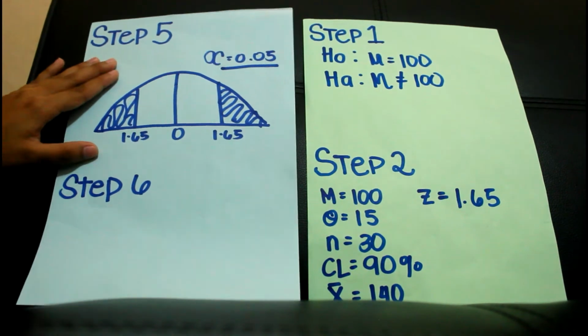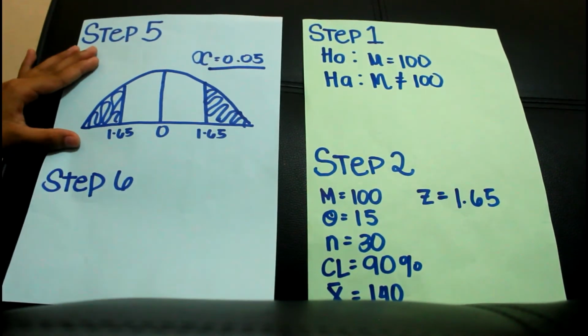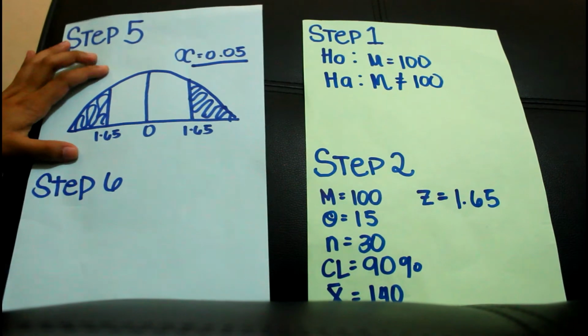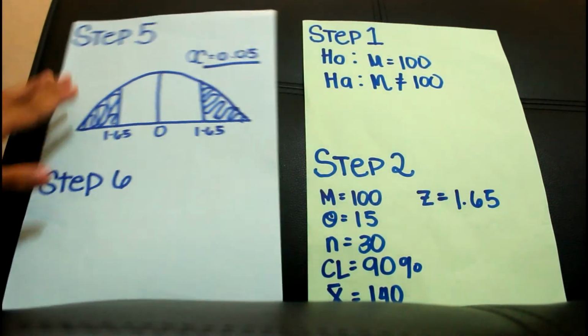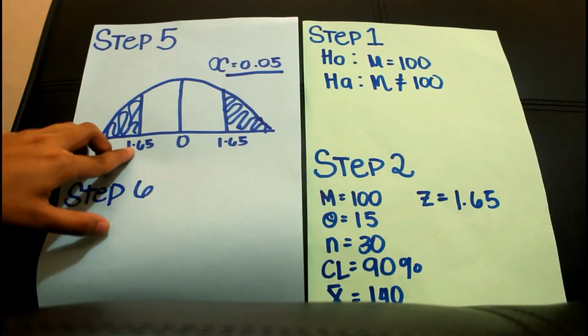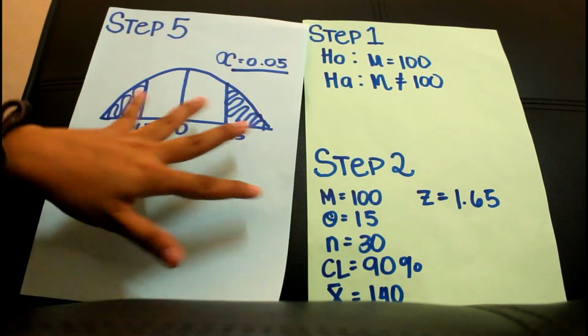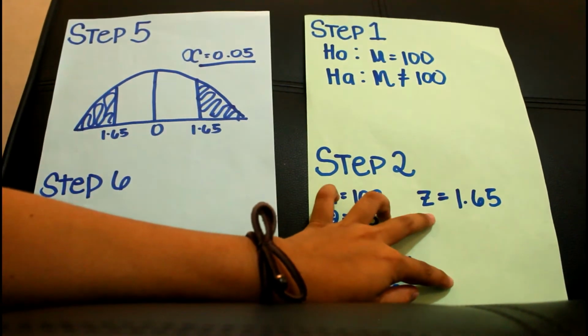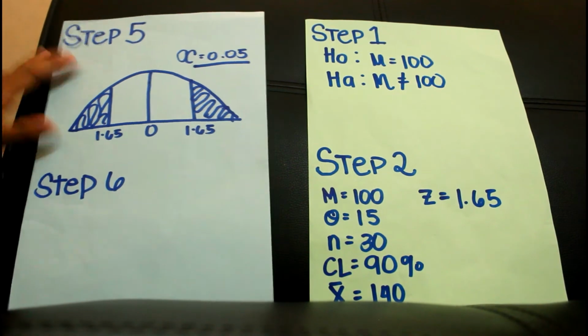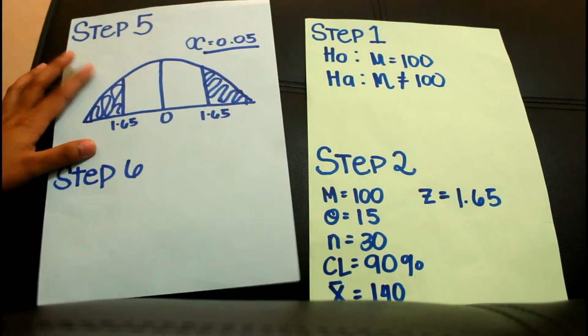Para naman sa step 5 natin, kailangan natin gumawa ng graph, which is nagpa-present mismo ng problem natin. And kung napapansin nyo, yung 1.65 is kinuha ko yan dito sa ating z-score. So, ang kinalabasan niya is both ends tail.